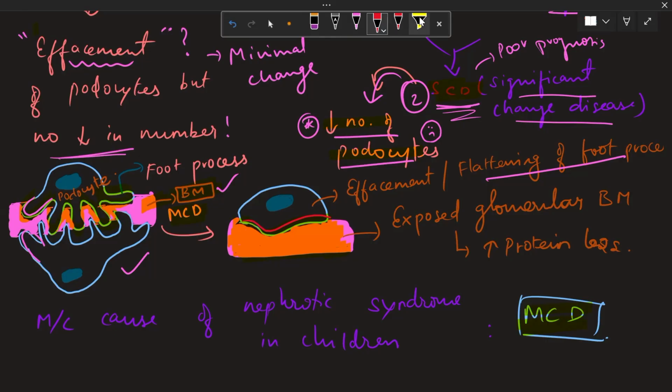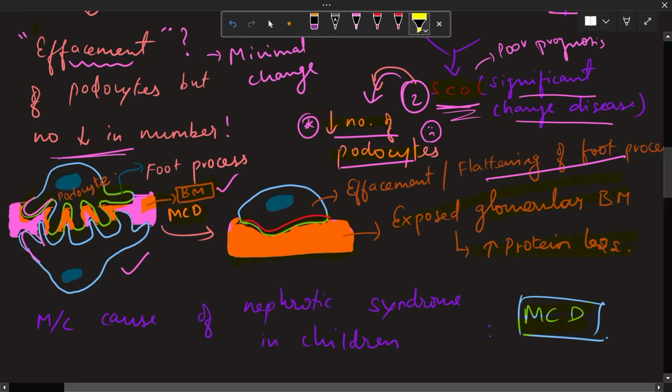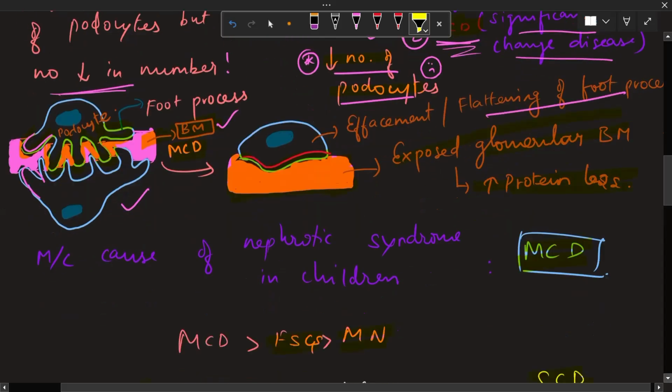So there is a large area for the protein to escape through urine. So in the first case there is very little space so that the protein cannot escape. But in the second case, since the glomerular basement membrane is exposed, the protein has more area to escape. So this is the reason behind the loss of protein through urine.